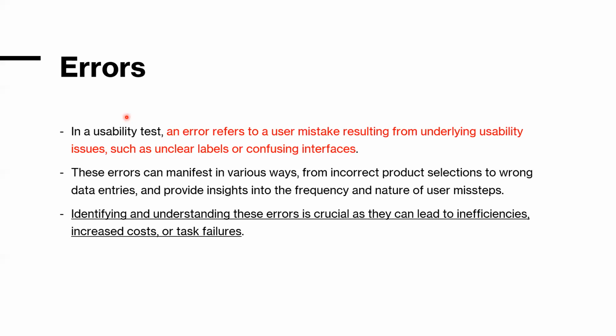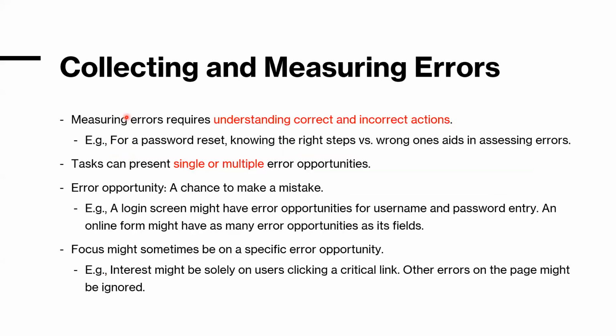We need to clearly know what errors they make, and the common errors are very important. If you understand the common errors in your usability test, it is pointing out that this particular UX design or UI design has issues.